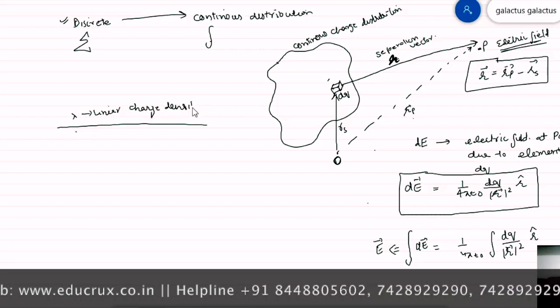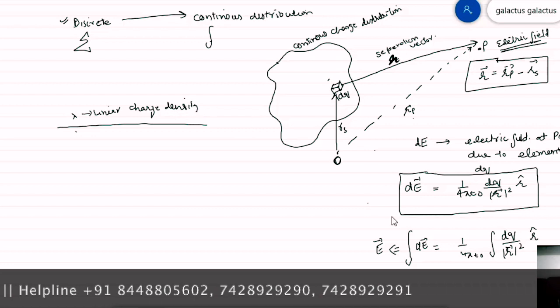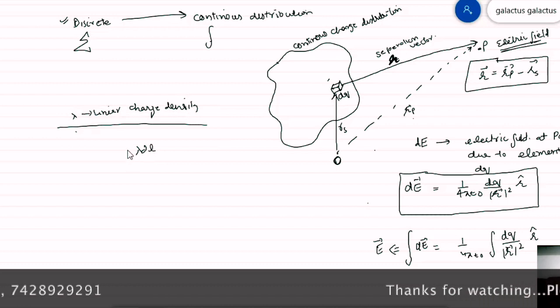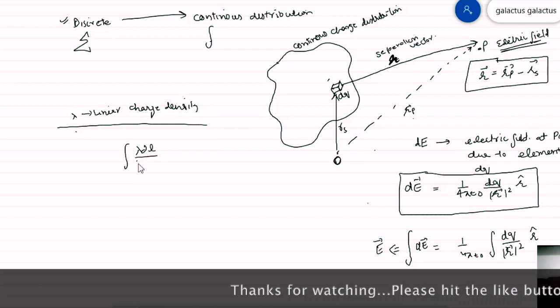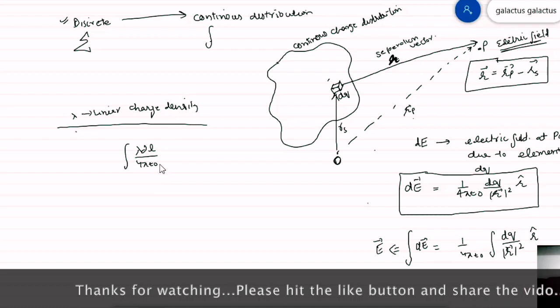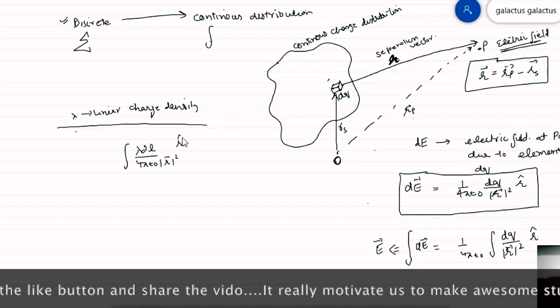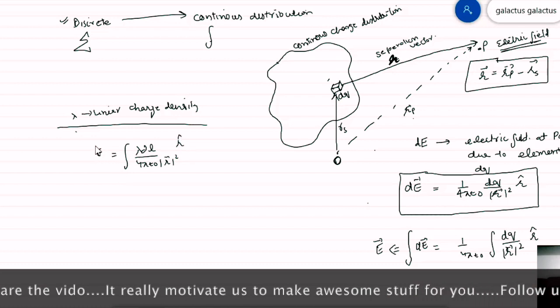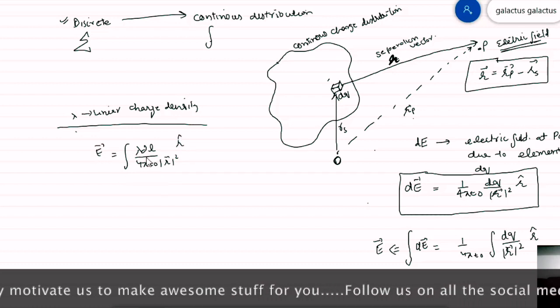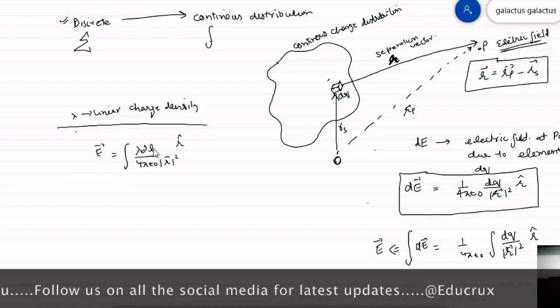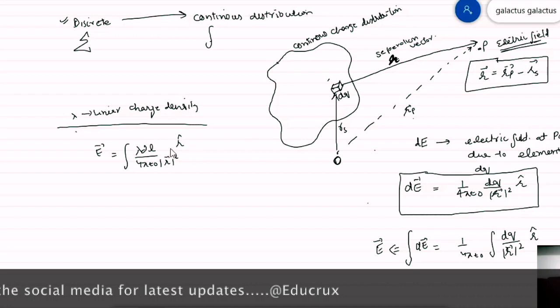Then I have to replace this dq by lambda dl. So this formula will change to E vector equals 1 by 4 pi epsilon naught integral of lambda dl upon r square r cap. So if my charge is distributed along a line, my formula will change accordingly, and the integration will take place along a line.